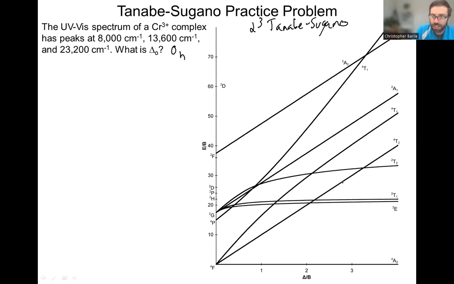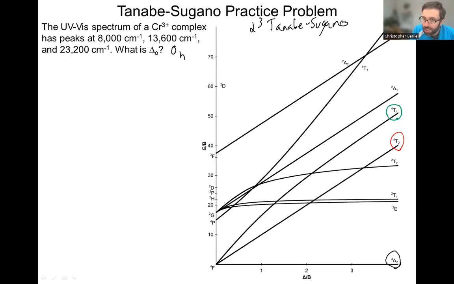Let's identify the different spin allowed states here so that we can make assignments. Our ground state is going to be a quartet A2g, and then we have three excited states. We have a quartet T2g, adding g's because we're octahedral. In an octahedral, you have an inversion center, so you have gerade, which means symmetric to the inversion center in the Mulliken symbols.